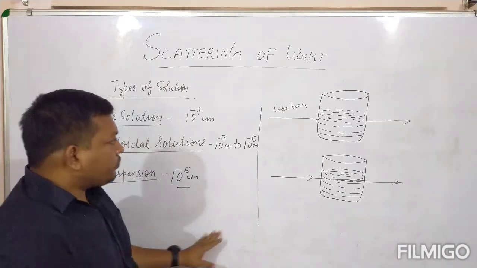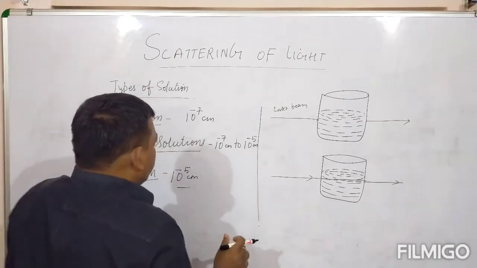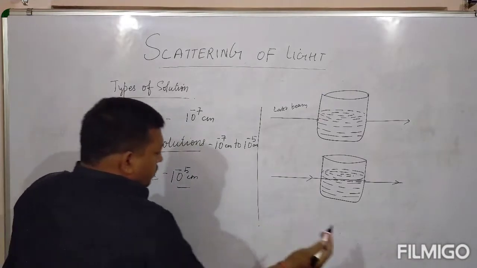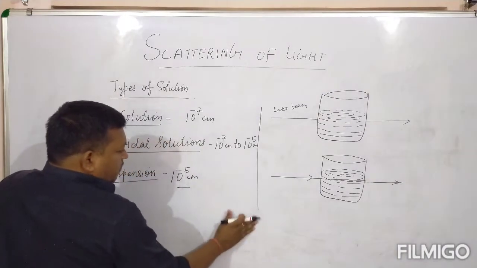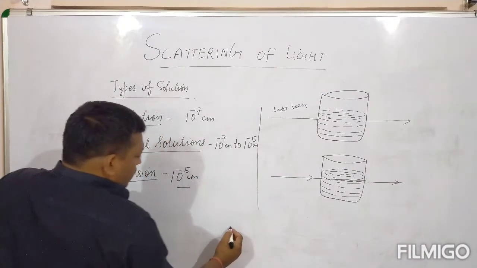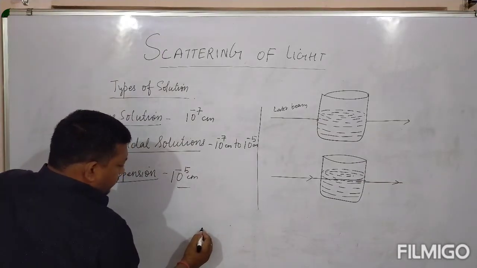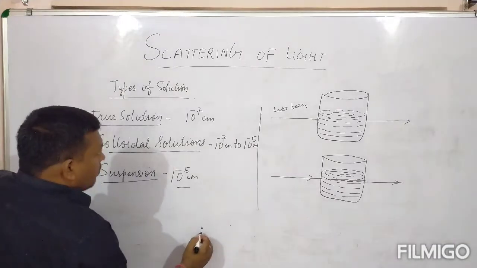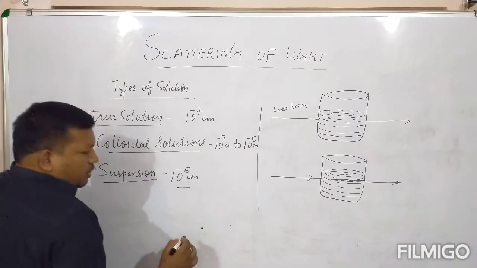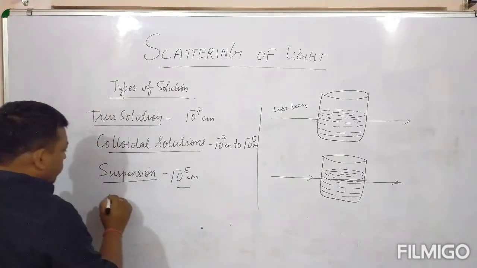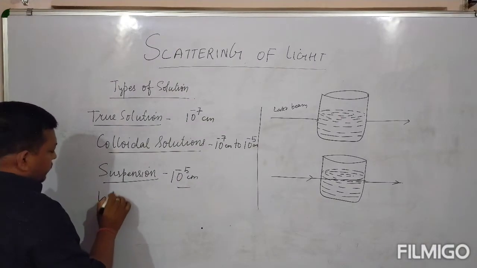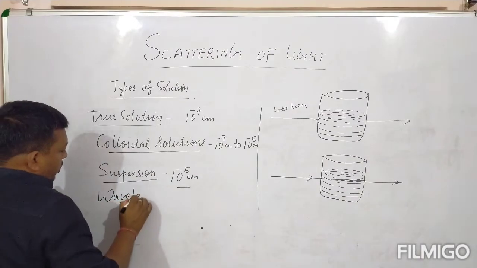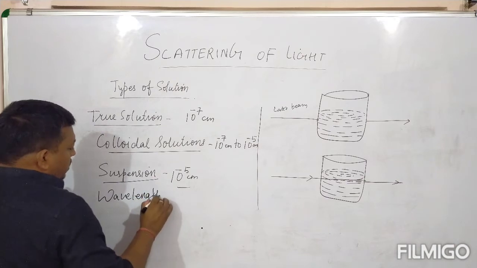Also take an analogy, or see one more explanation. This is the particle size, having 10 to the power minus 7 centimeter. And what is the wavelength of light? The wavelength of visible light is very important to know for scattering.